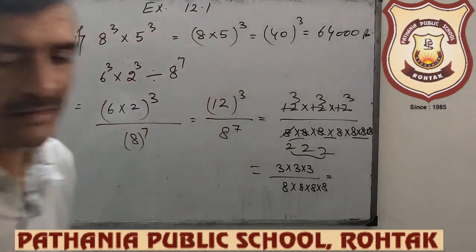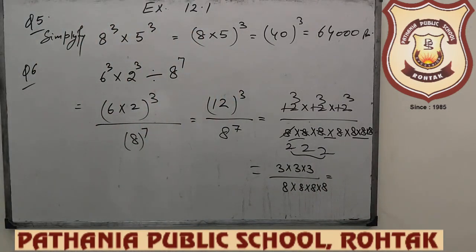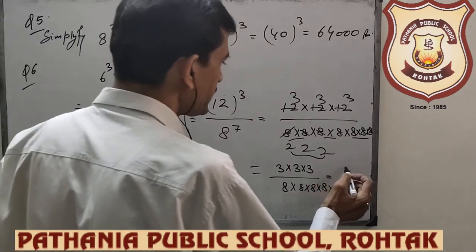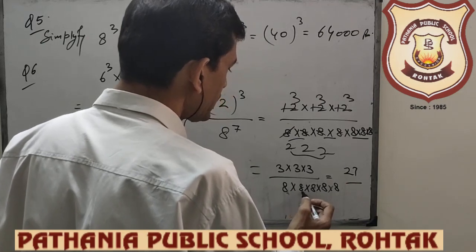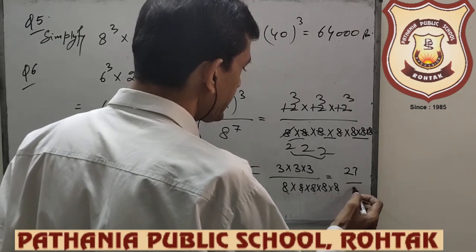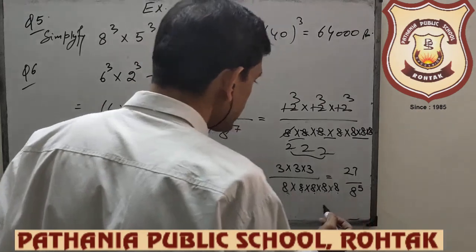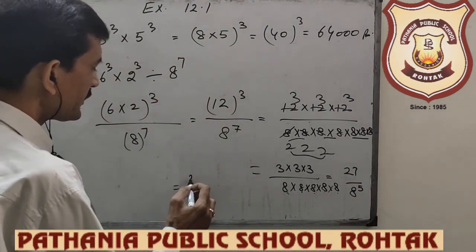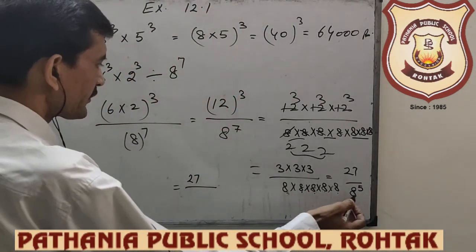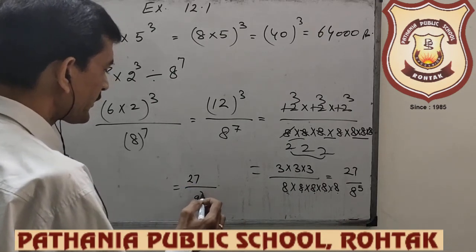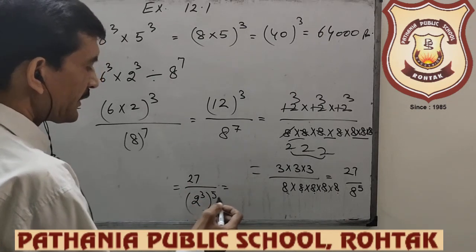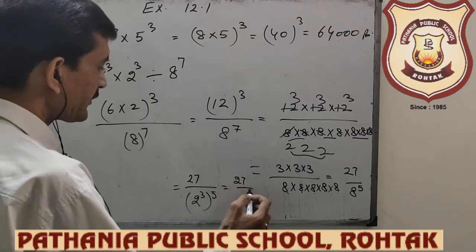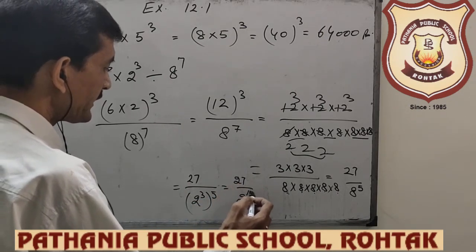So beta, what will come? 3 into 3 into 3 is 27 upon 8, 1 2 3 4 5, 8 raised to the power 5. So what is it? 27 and convert 8 into 2 raised to the power 3, raised to the power 5. 3 into 5, so it will be 27 upon 2 raised to the power 15.